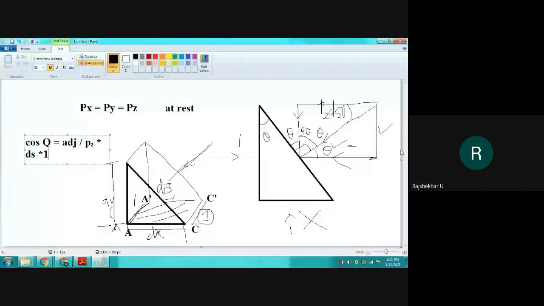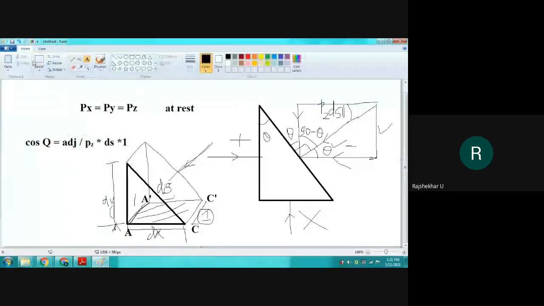Effectively, the adjacent is what I want. So the adjacent will be Pz into ds into 1 into cos theta. This is one way. Or I can take this one directly, and consider this side, which is the same as this side.